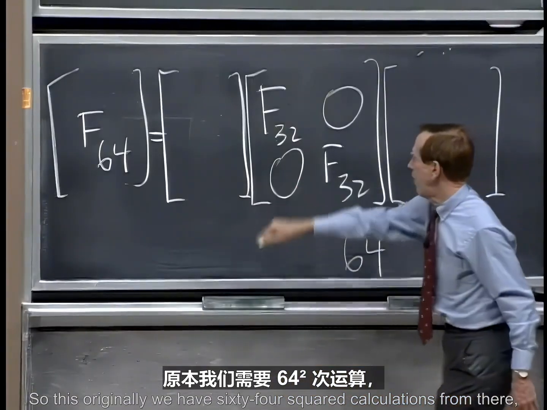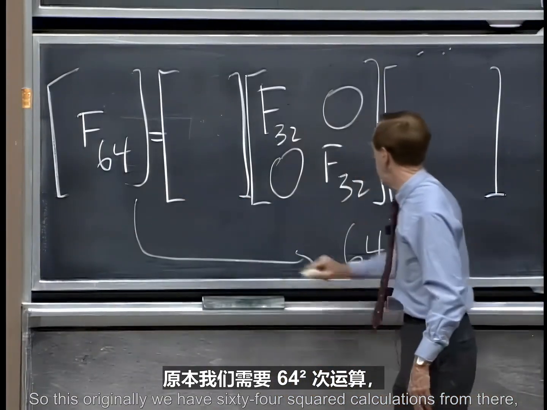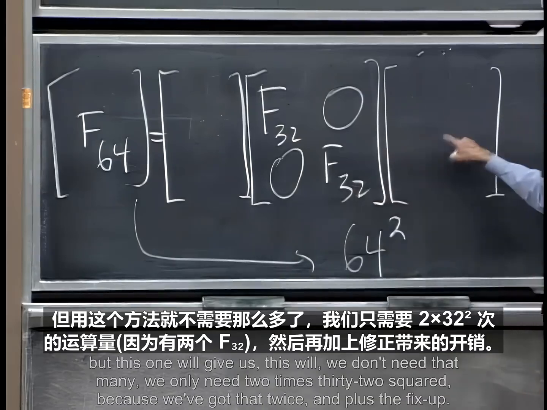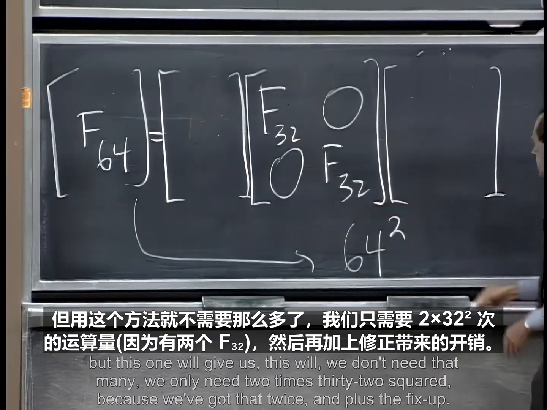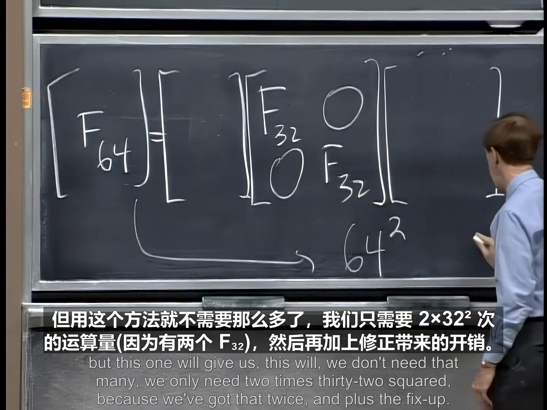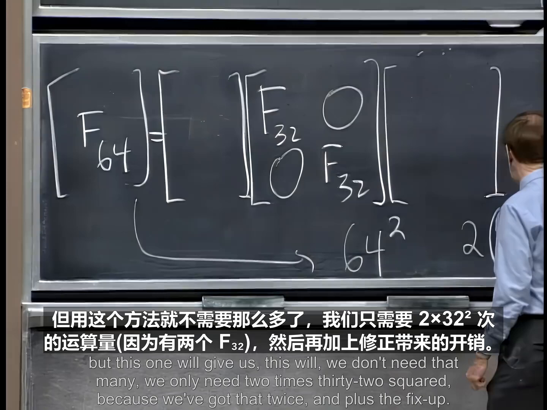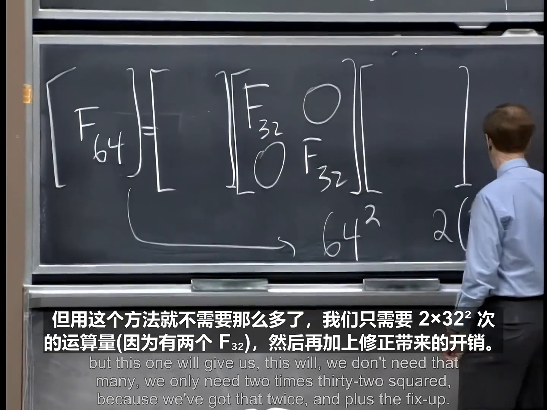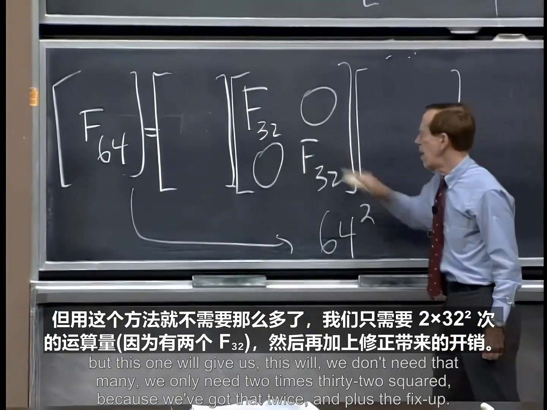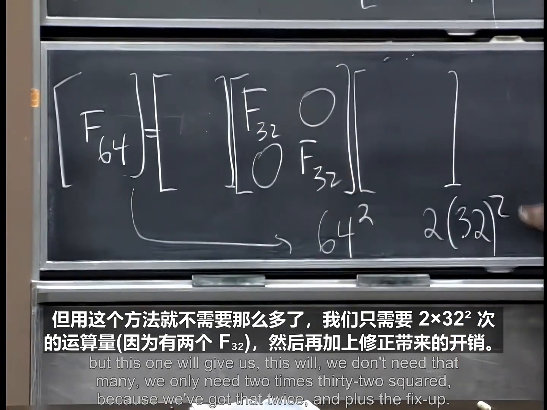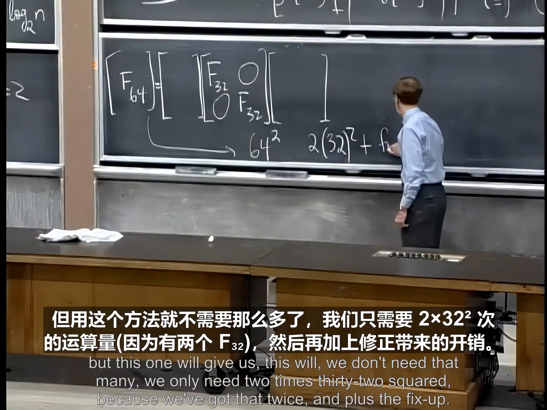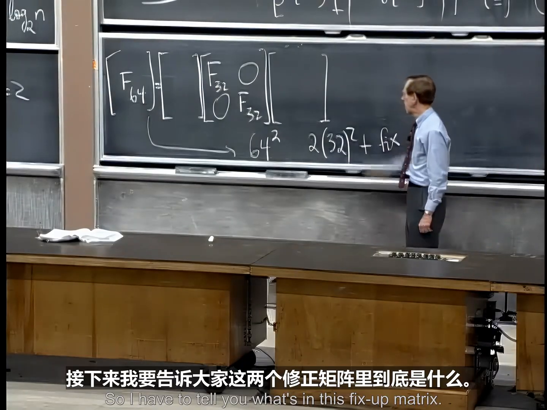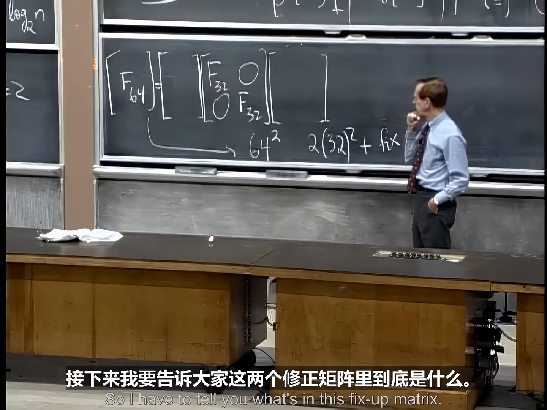Originally we have 64 squared calculations, but this one will give us, we don't need that many. We only need 2 times 32 squared, because we've got that twice, plus the fix-up. So I have to tell you what's in this fix-up matrix.